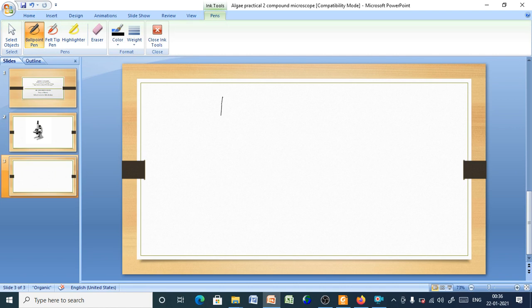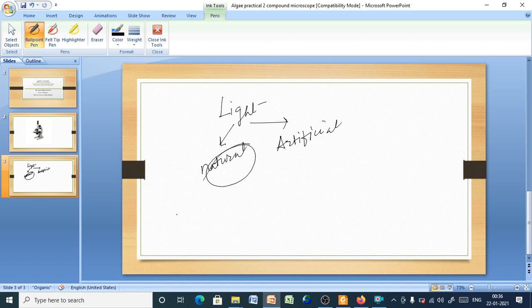That is, this uses light, either natural or artificial, as a light source. Usually we use this natural light to study the specimen, and in some cases the artificial light also, when the natural light, that is the sunlight, is not available or not sufficient.